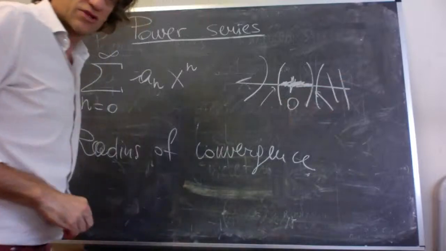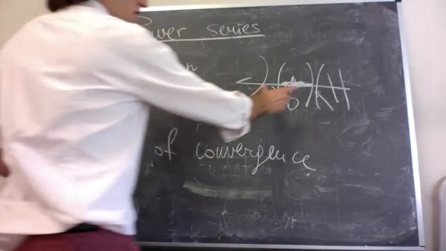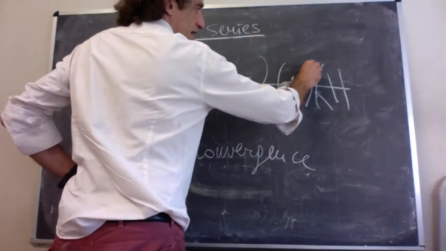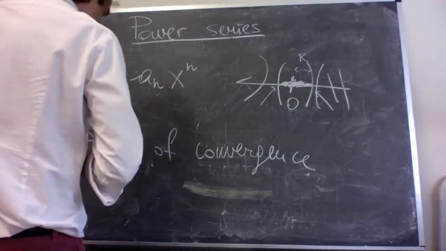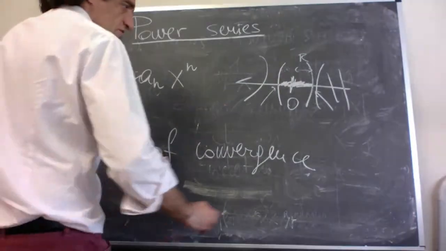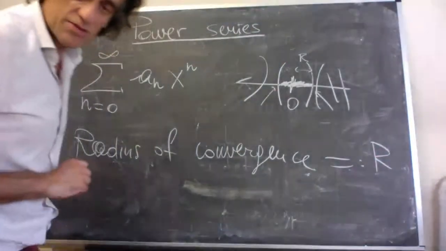Automatically, you know that outside the series does not converge. So it is very important to find this neighborhood, and R is exactly this width here. So this is the radius of convergence. Usual symbol is capital R.